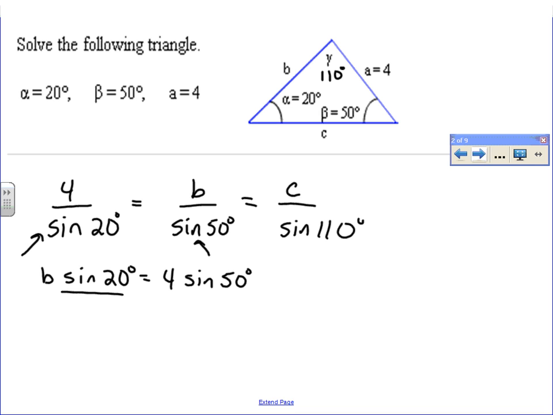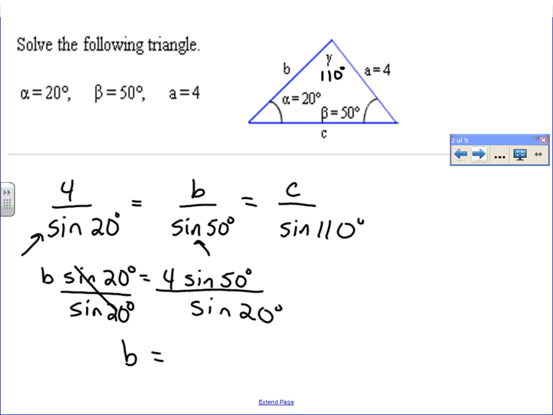Dividing, b is 4 sine 50 divided by sine 20.